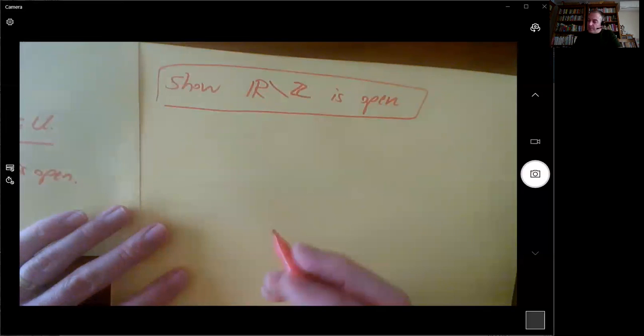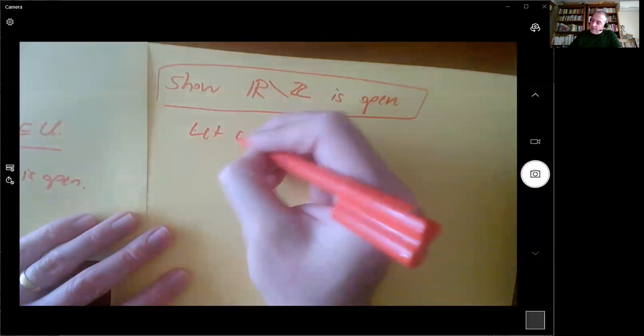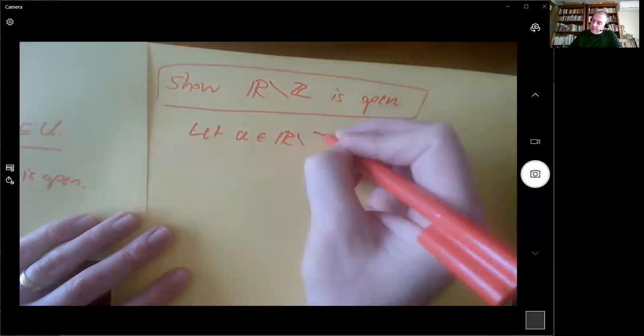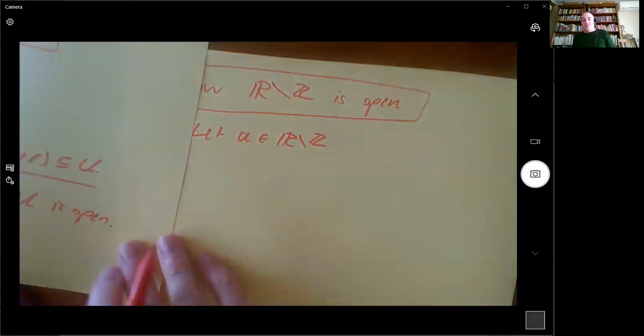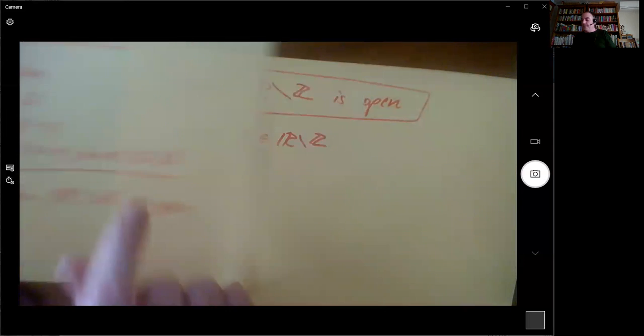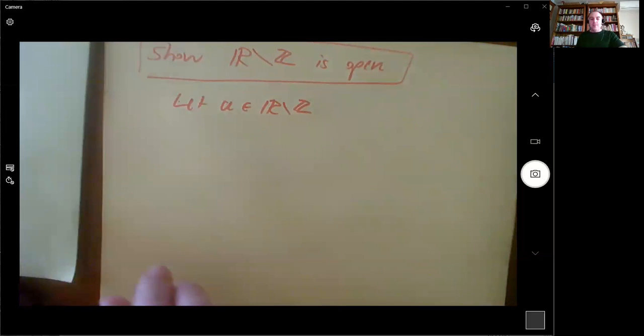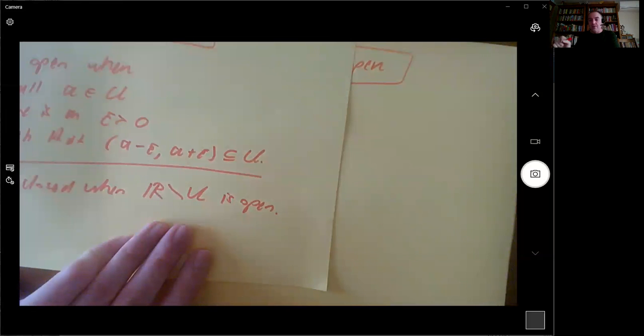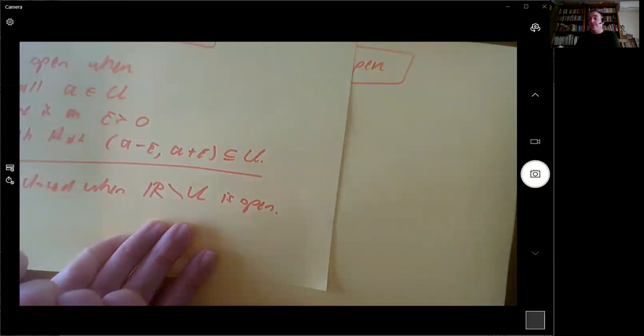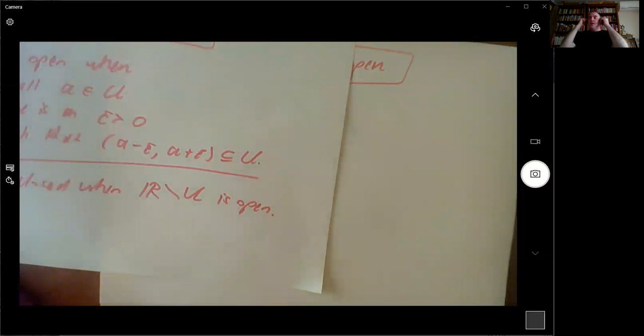So my proof is going to go something like this. Let A be in R without Z, because my definition begins with a for all A. And then I'm going to have to tell the reader what epsilon is. It says there is an epsilon, so I have to somehow convince them that the epsilon exists. And usually the quickest way of doing that is to tell them what the epsilon is.